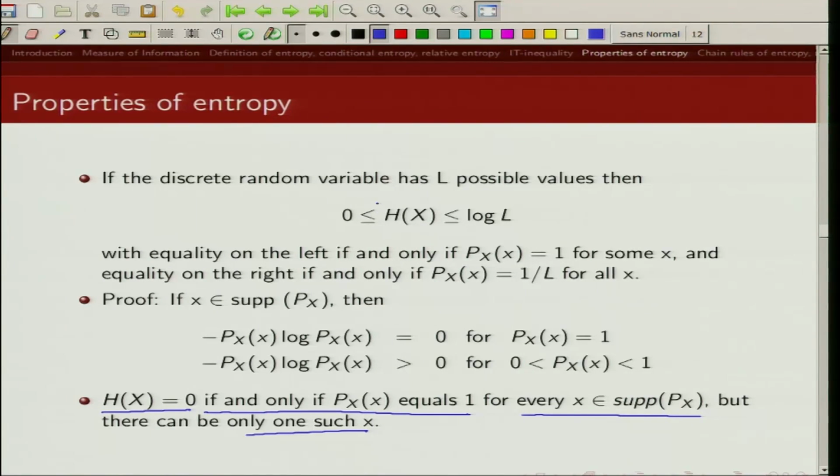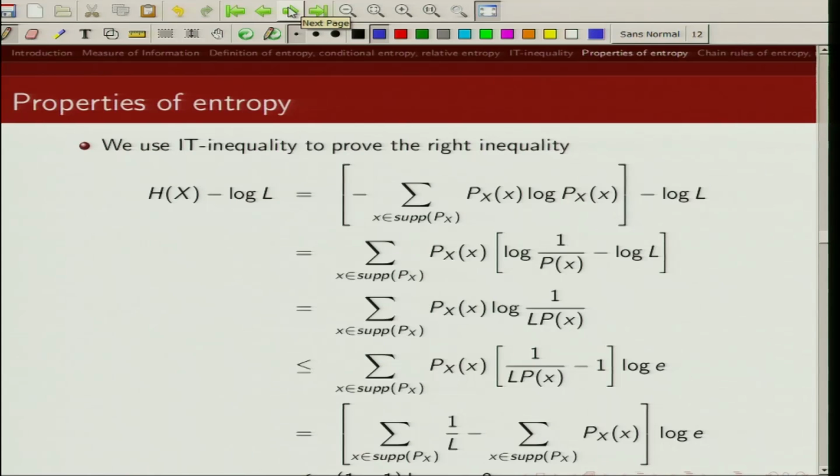Now let us prove the other part, which is H of X is less than or equal to log of L. So how do we prove this?